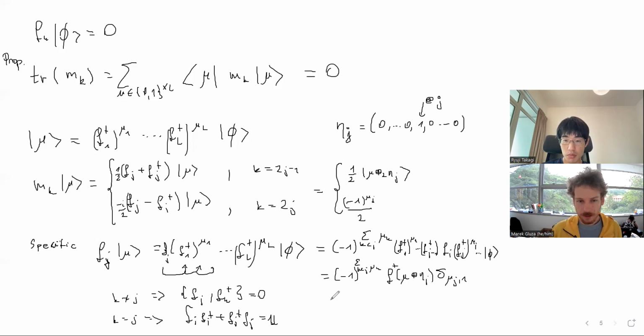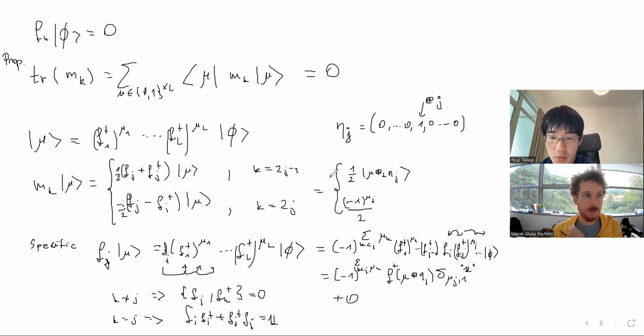And then the other one is something where I can push it through, and I will just write plus 0, because once I swap these two at the cost of this identity, then fj can anti-commute with the remaining ones, whether they are there or not, and it will hit the vacuum state at some point, and we will use the kernel condition.